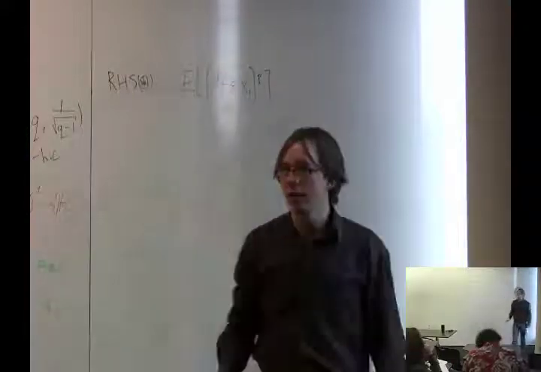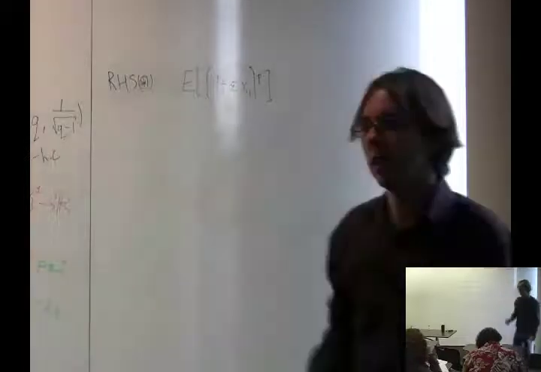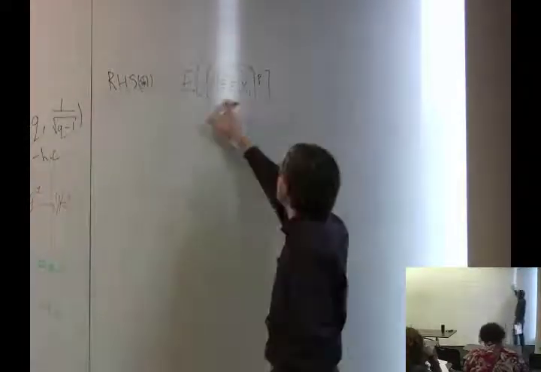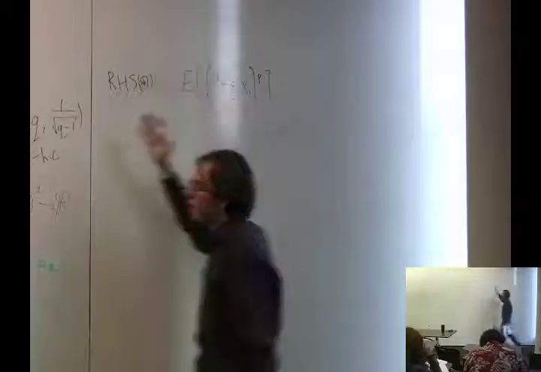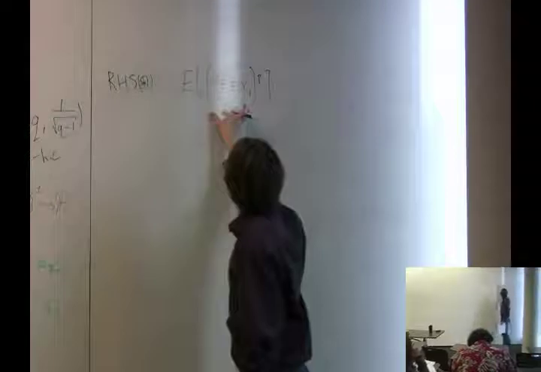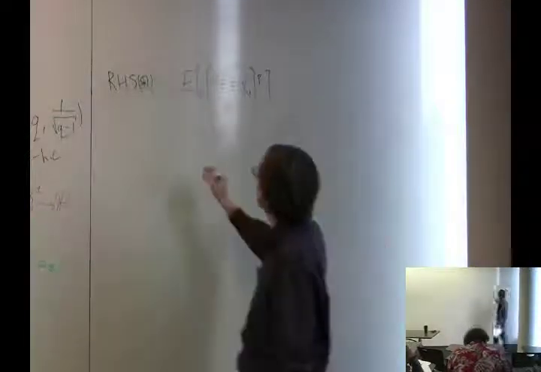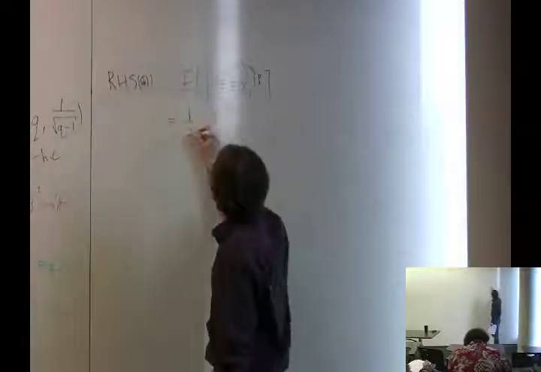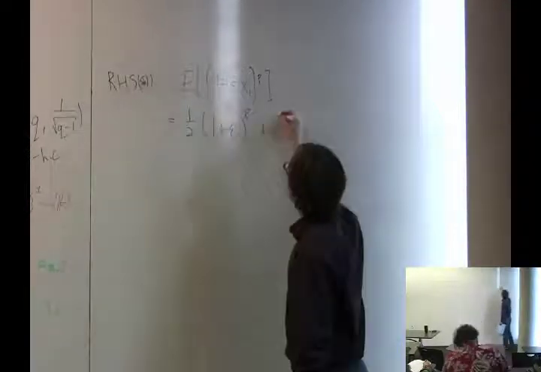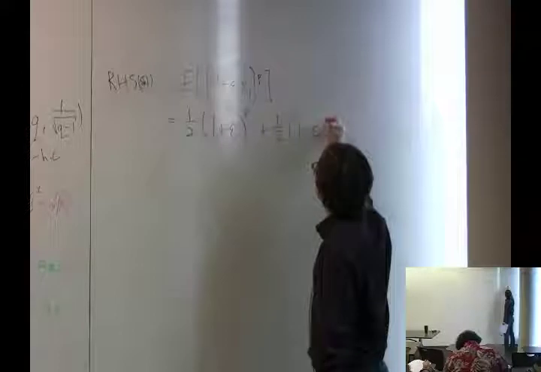Why can I do that? This thing is always non-negative because x1 is plus or minus 1 and this epsilon is at most 1 in absolute value. So it's a non-negative function, so it's okay for me to write parentheses instead of absolute values. Let me just literally write it out. Half the time it's plus, and half the time it's minus.